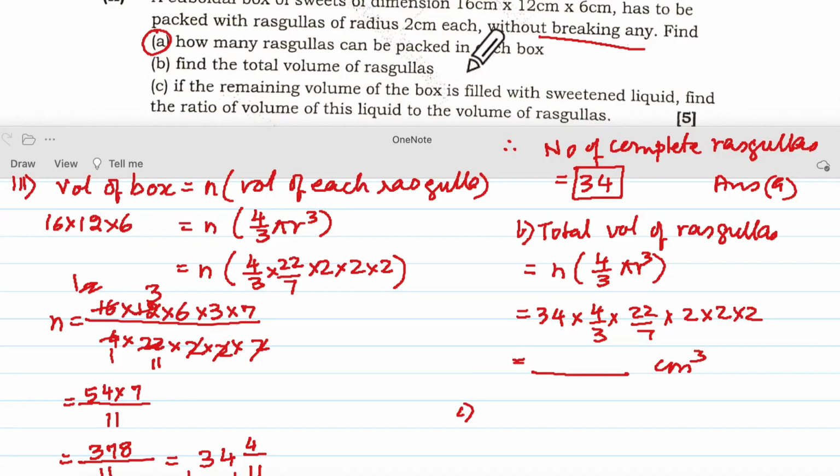If the remaining volume in the box is to be filled with sweetened liquid, so the volume of sweet liquid is going to be equal to volume of the box minus volume of rasgullas.